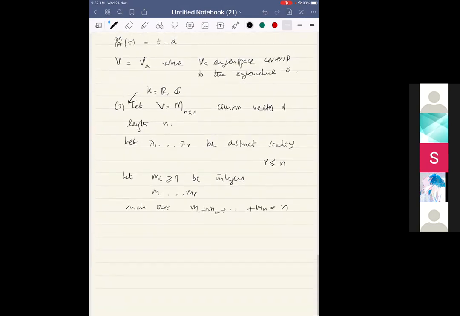Let A_i be the m_i cross m_i matrix with lambda_i on the diagonal. In other words, this is lambda_i times the identity matrix of size m_i.